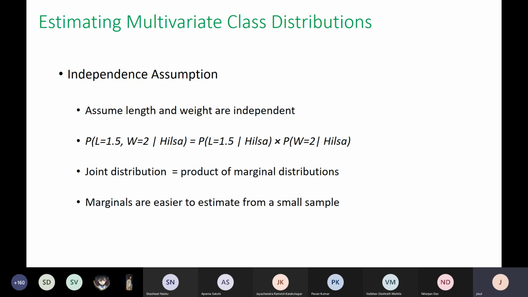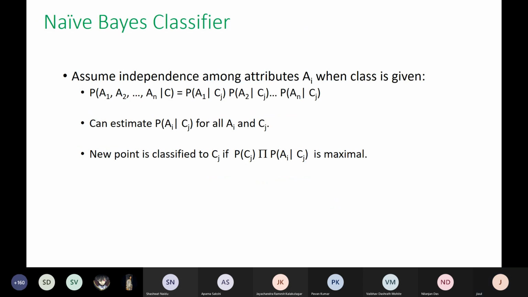Therefore, from the data, you can quickly estimate the marginals compared to the joint distributions. Here is the actual expression. Assuming that the features A1, A2 up to An are independent, the joint probability now becomes the product of the individual probabilities.